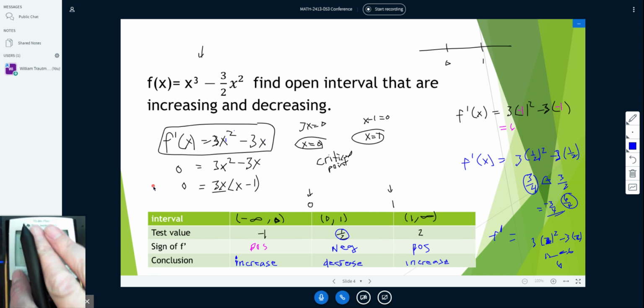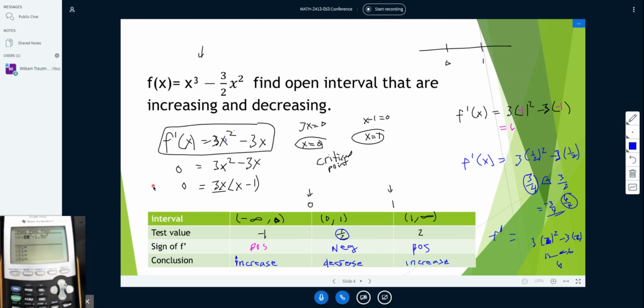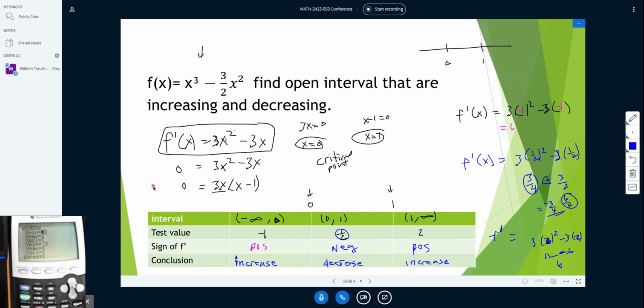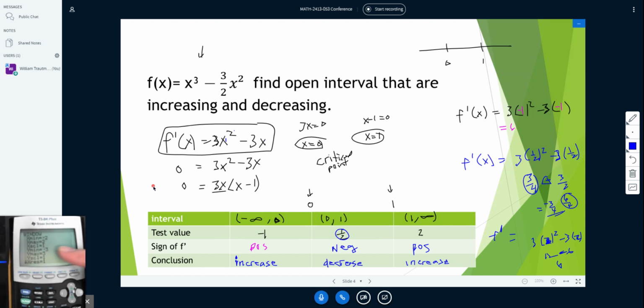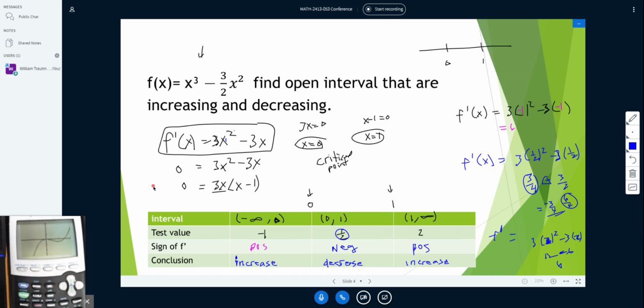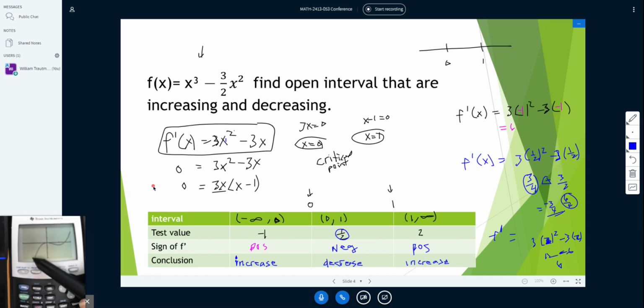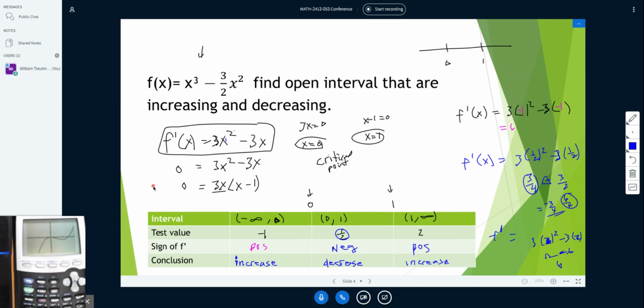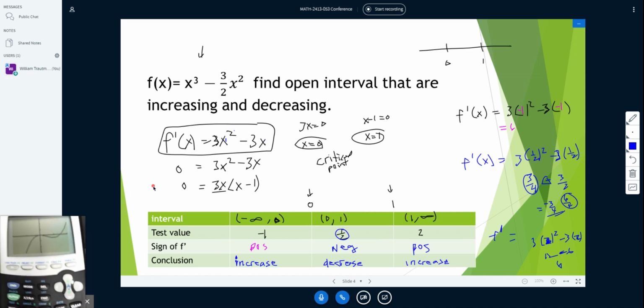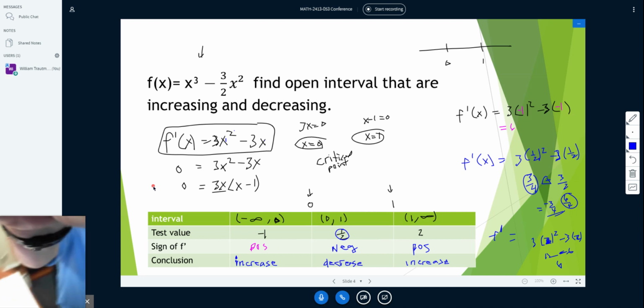So there's a graph. I typed in the function, and then I changed my window so we can see the picture better. And our function is definitely increasing until 0. Then it's decreasing until 1. Then it's increasing till infinity. Okay.